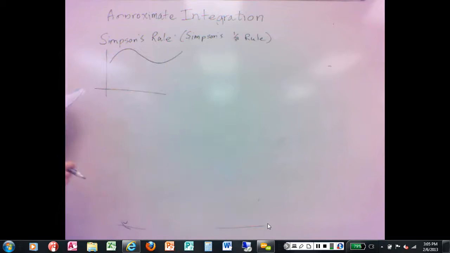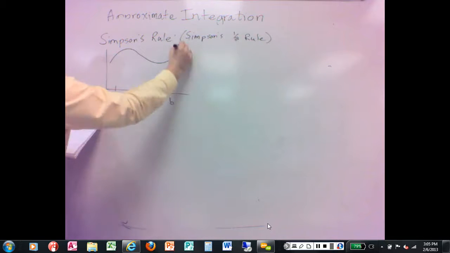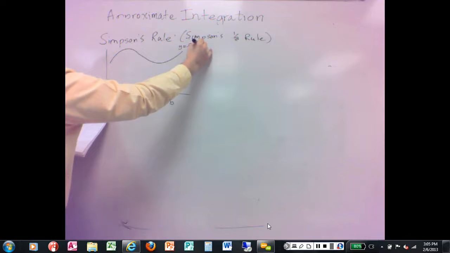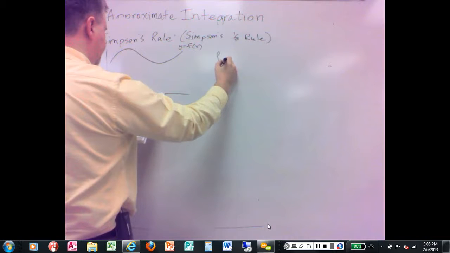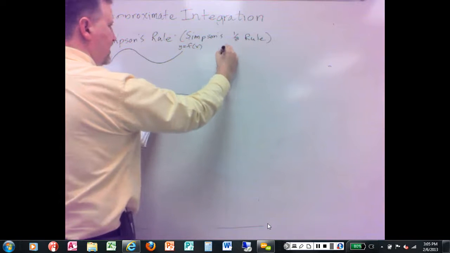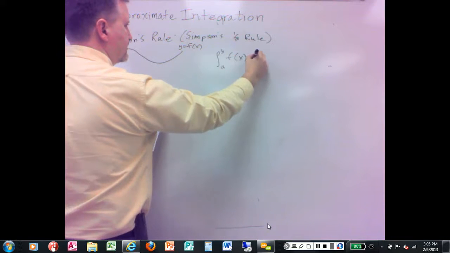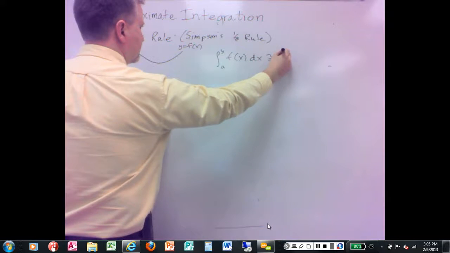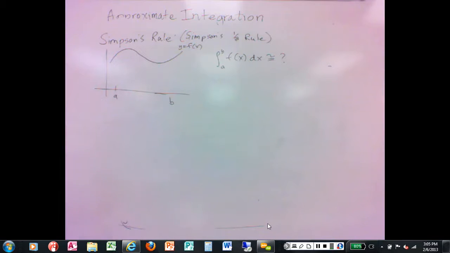All right. What we're going to do, a to b again, of f of x, approximating the integral from a to b of f of x dx. How we're going to do it here?